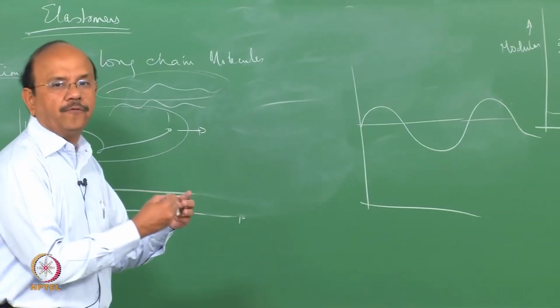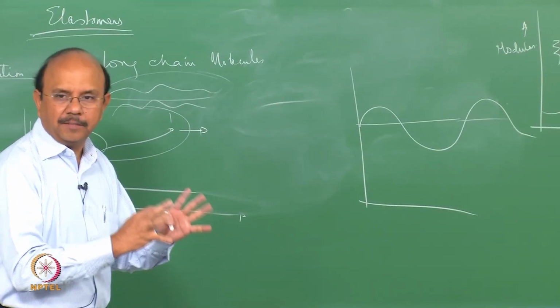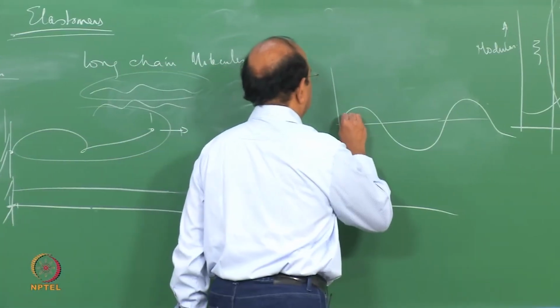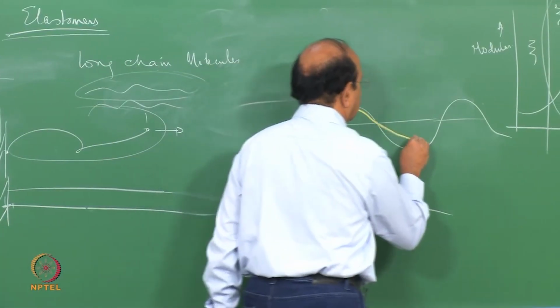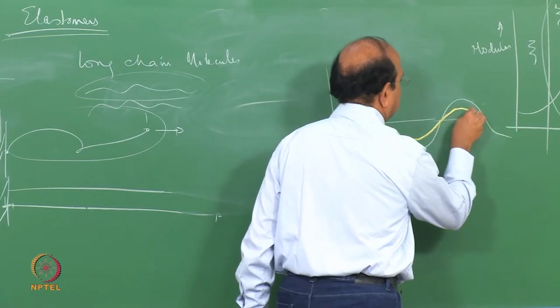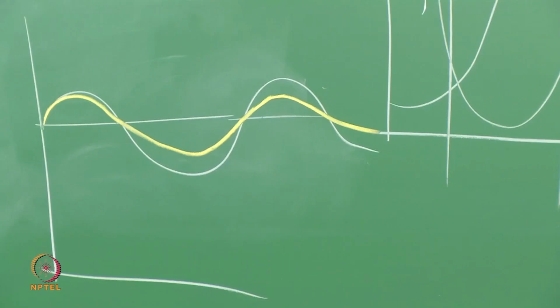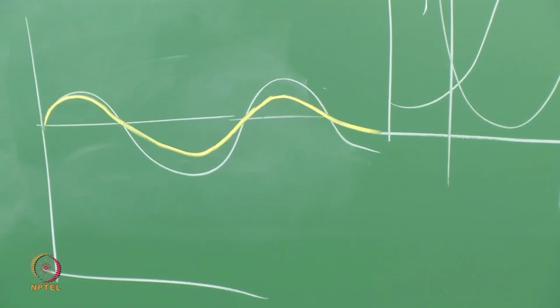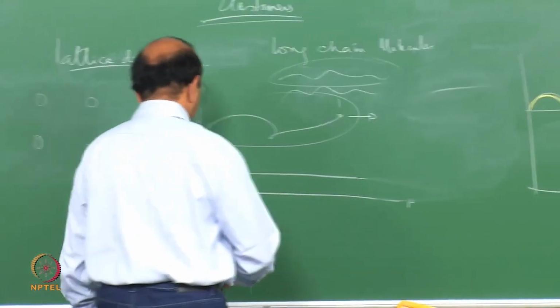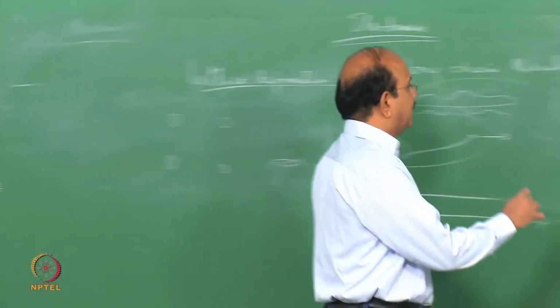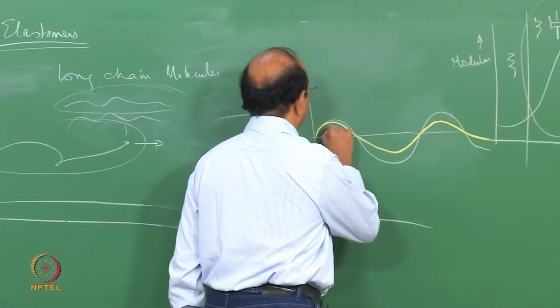If it were an elastic material like steel, then that's how the strains would be, the ratio being the Young's modulus. On the other hand, in this material, because of the viscous effect, there is a time delay.